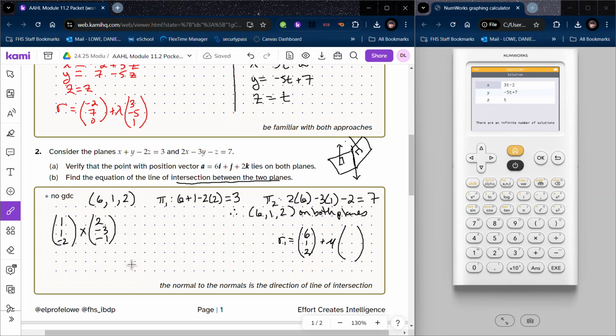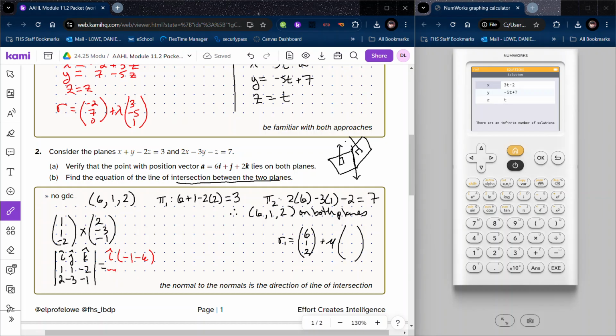There's a variety of ways that I can work on this cross product. Some people use the determinant approach, which is perfectly acceptable. So going the determinant approach, I have a vector 1, 1, negative 2, and a vector 2, negative 3, negative 1. In the i direction, I'm going to have 1 times negative 1, which is negative 1, minus negative 2 times negative 3, so that's minus 6.